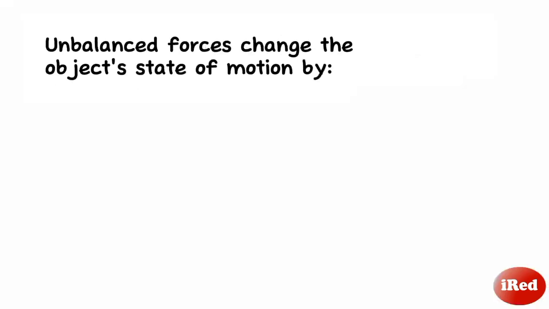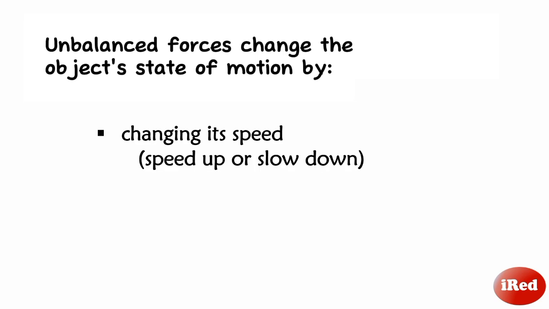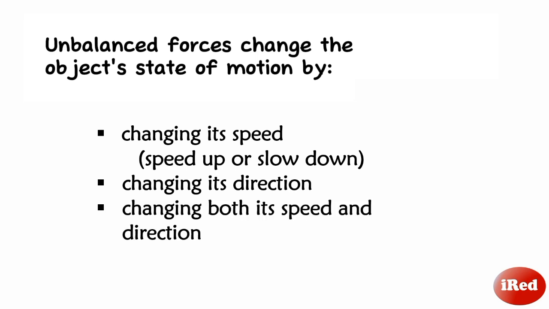Now, what happens to the object's state of motion when unbalanced forces act on it? Unbalanced forces change the state of motion of an object in one of three ways. First, an unbalanced force may change the speed of an object. The object may slow down or speed up when an unbalanced force or net force acts on it. Second, unbalanced forces may change the direction of the object's motion.